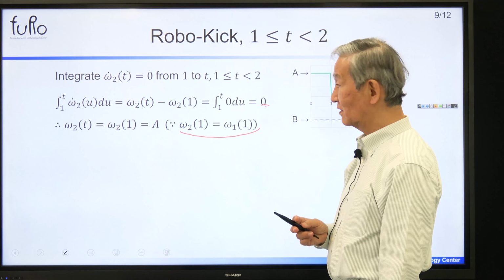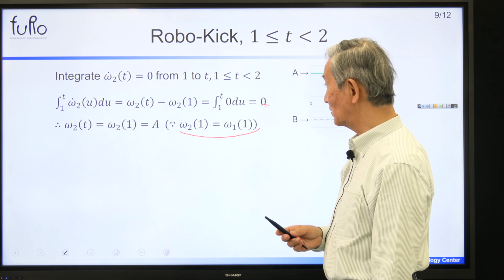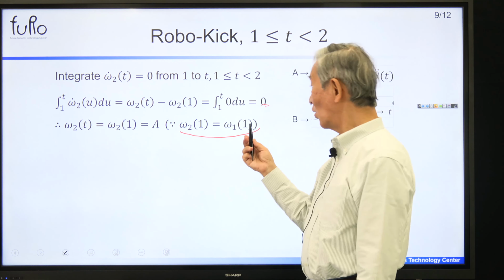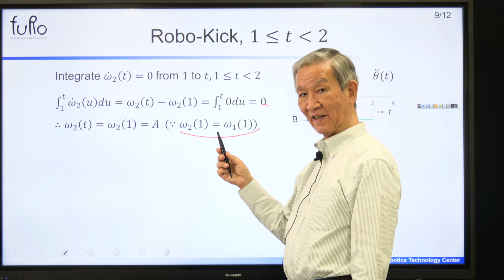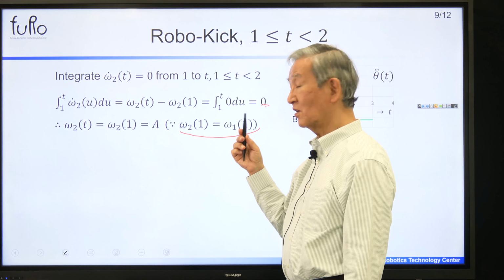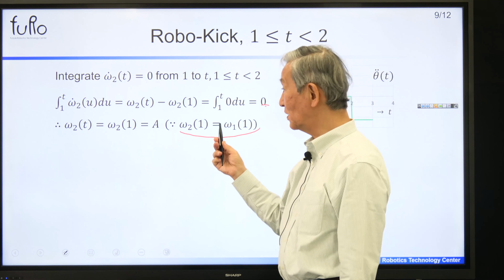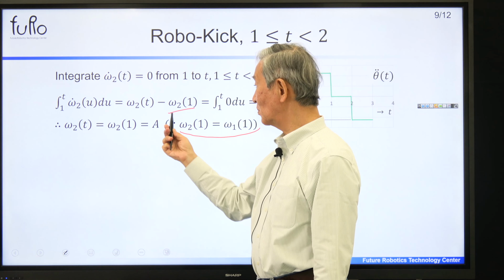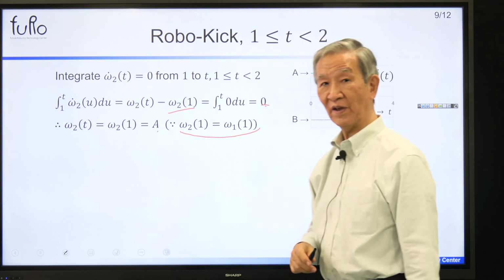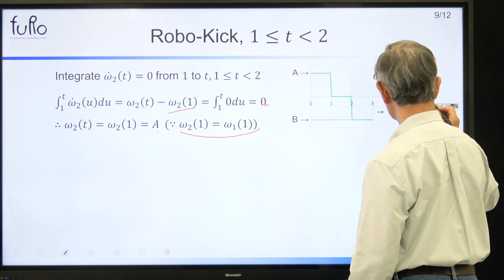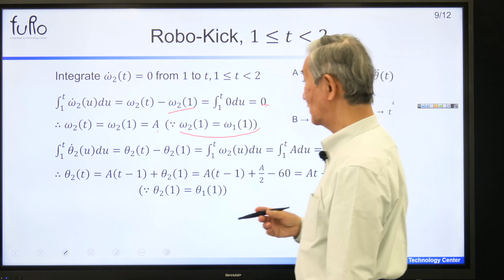And here, this can be used. That's why this is equal to A. Omega 1 was A, and since speed has to be continuous, omega 2 of 1 has to be A as well. All right. How about theta?